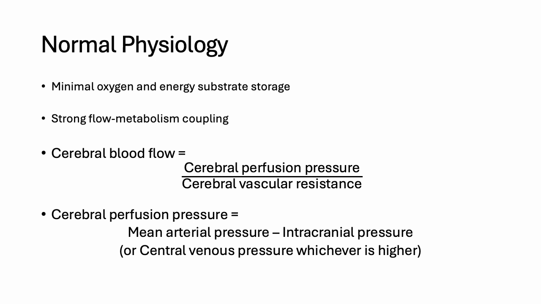So going to the major thing about supplying oxygen and glucose, it's very important for the body to supply blood flow, and the cerebral blood flow is determined by the perfusion pressure and vascular resistance. That's pretty straightforward.